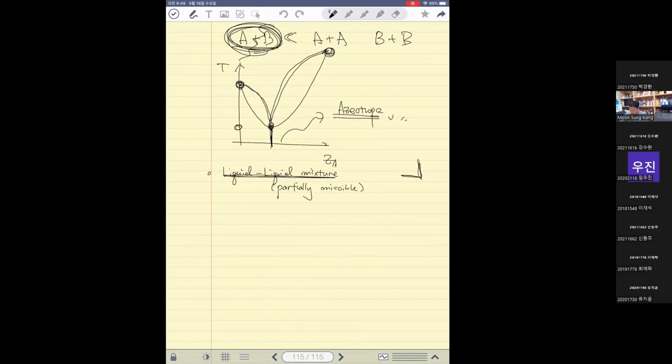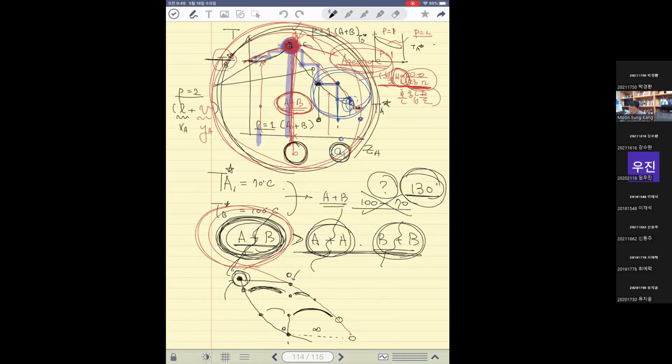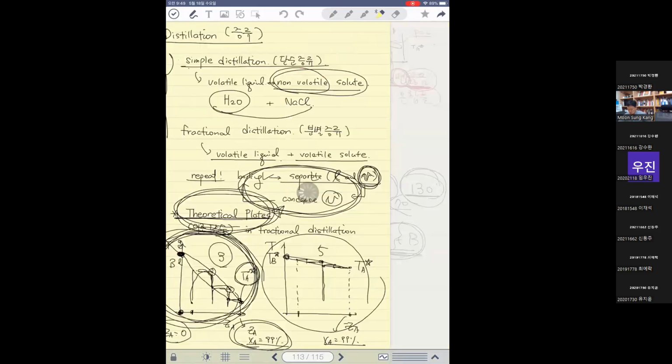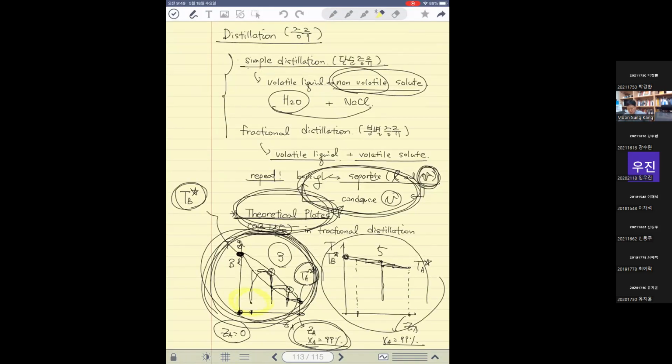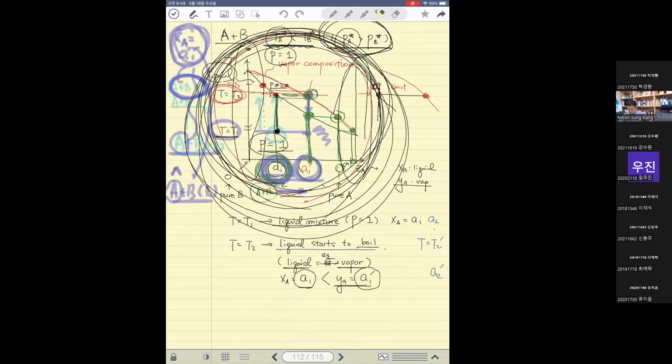In the previous phase diagrams, if we think about the liquid phase here, we never considered that A and B would phase separate, right? They always formed a single phase. P was equal to 1 in the liquid phase. It was the same here, right? We only had a single phase when we talked about the liquid phase.